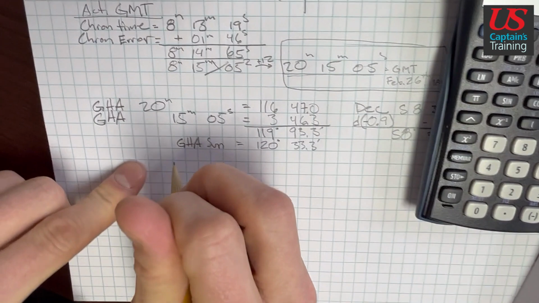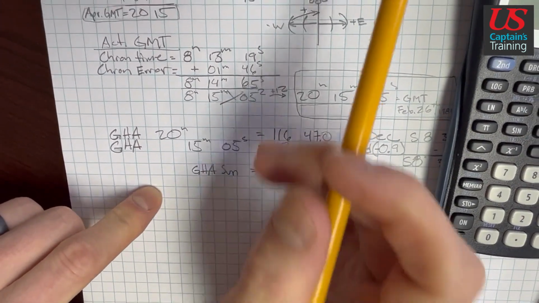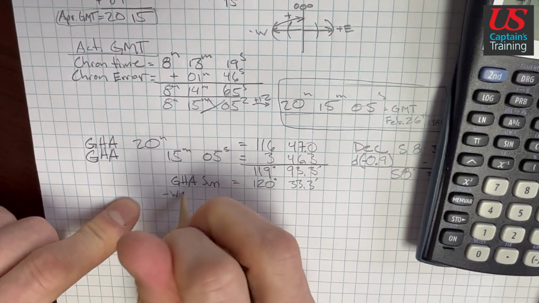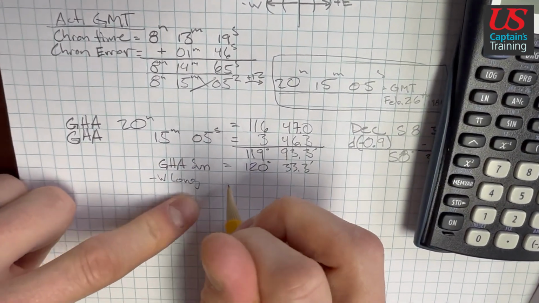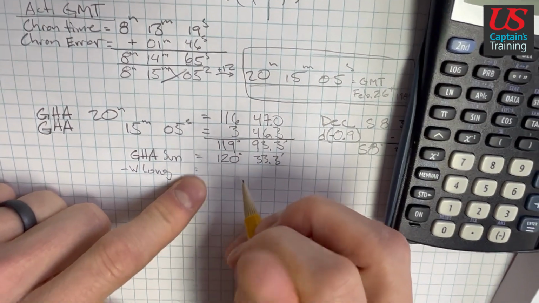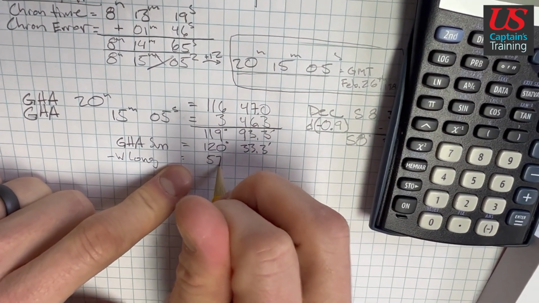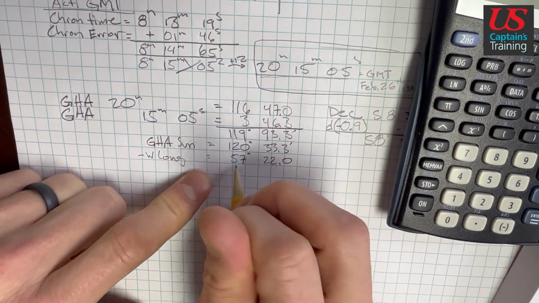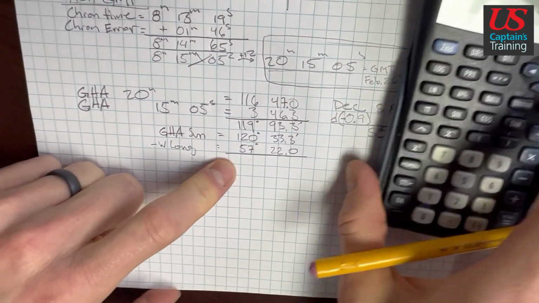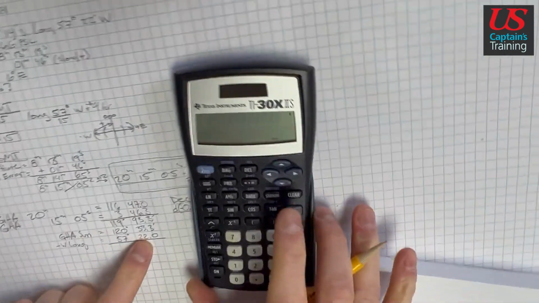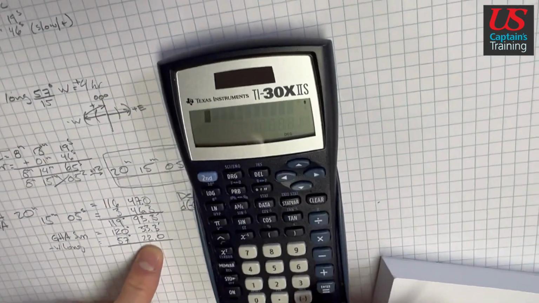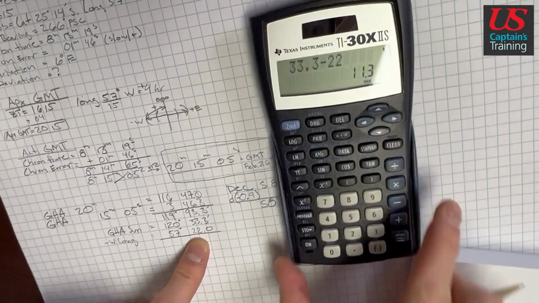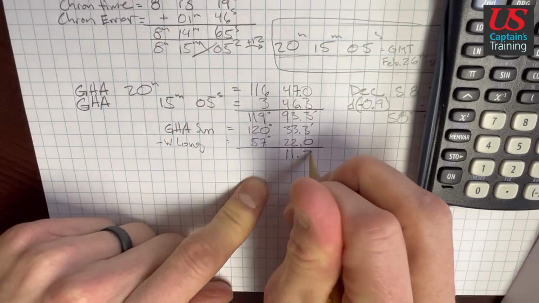GHA of the sun equals this. And so now we need to subtract the longitude because it's west. It's west, so we subtract it. So minus west longitude, which equals 57 22.0. This will give us our LHA. 33.3 minus 22. 33.3 minus 22 equals 11.3 minutes.